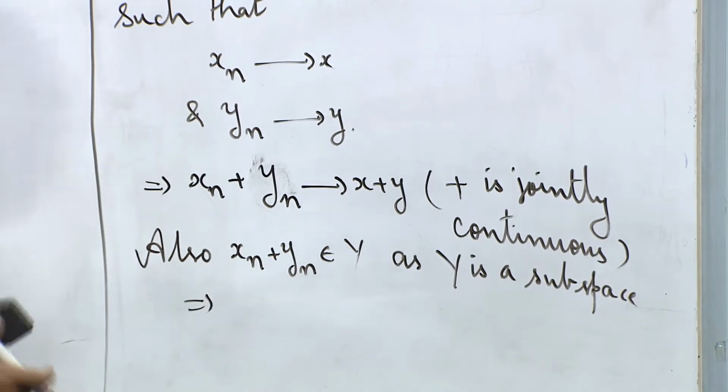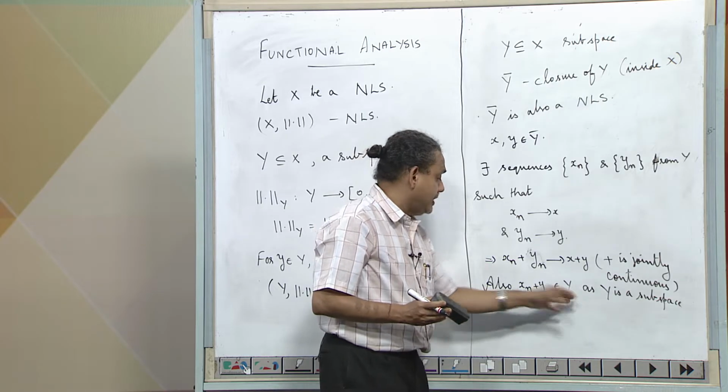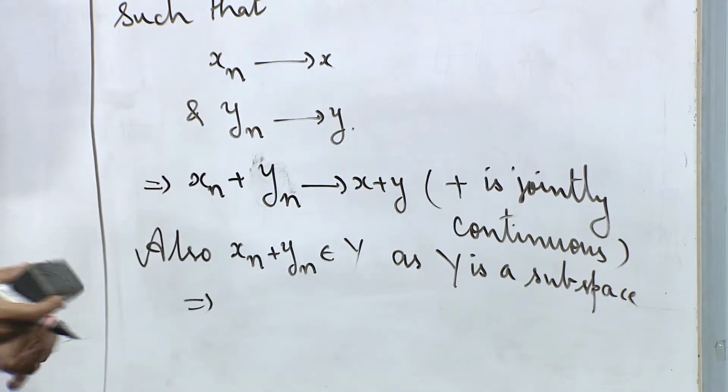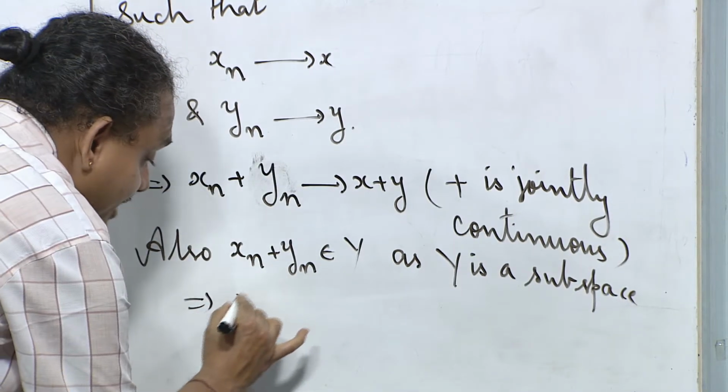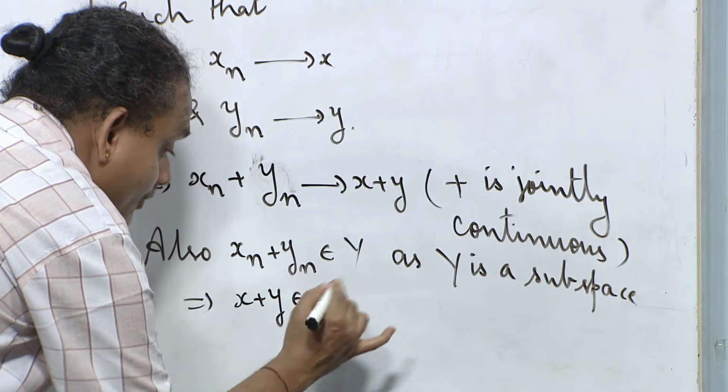So, because all x_n plus y_n belong to Y and x_n plus y_n converges to x plus y, that tells us that x plus y belongs to Y closure.